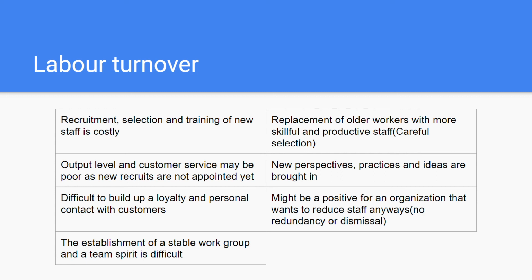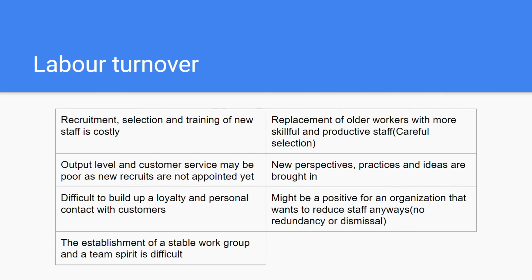The last benefit would be that it might be a positive factor or a benefit for an organization that wants to reduce staff anyways. And this ties in with all the costs of redundancy of workers, or all the legal troubles of going through dismissals of workers, which we'll be covering also later in this unit.